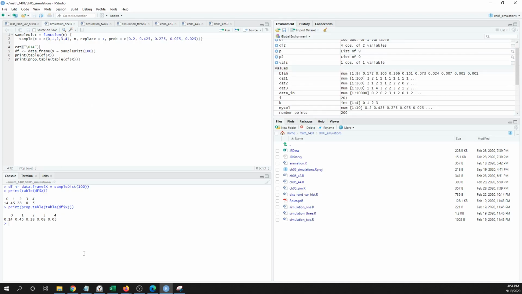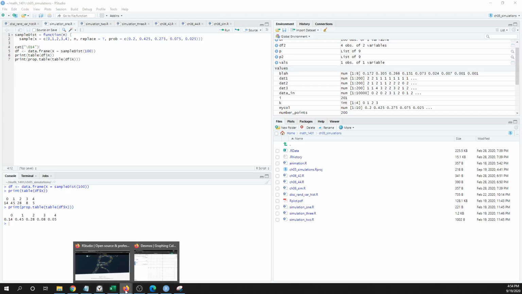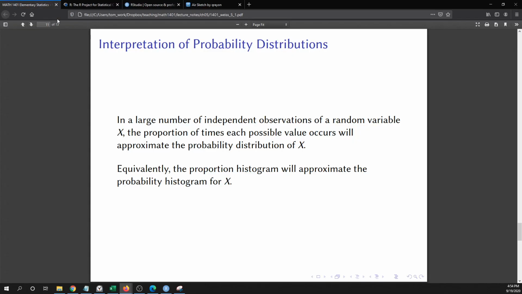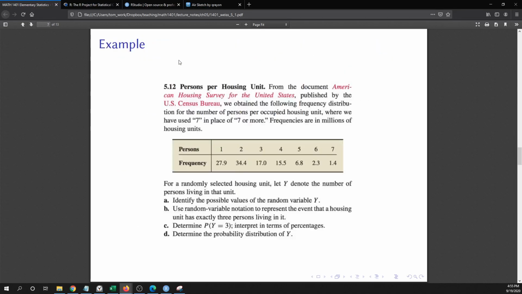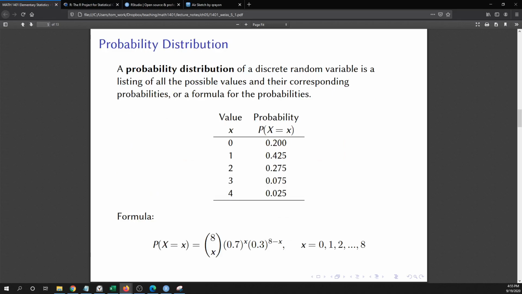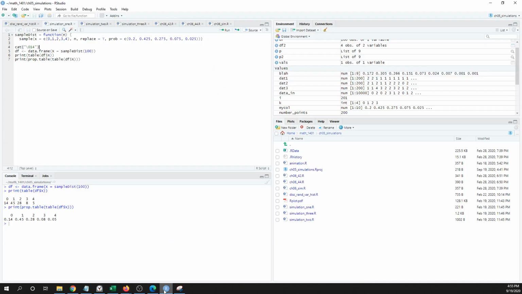So what I've got is, if I go back and look at this, I've got this distribution here, this first one. And so I've written that up here in RStudio.